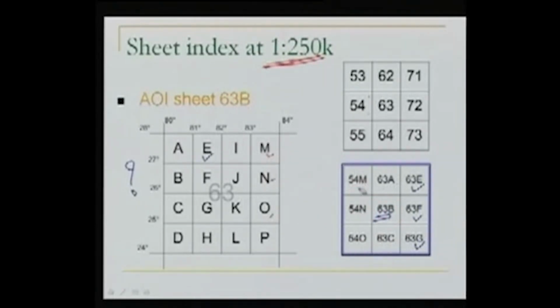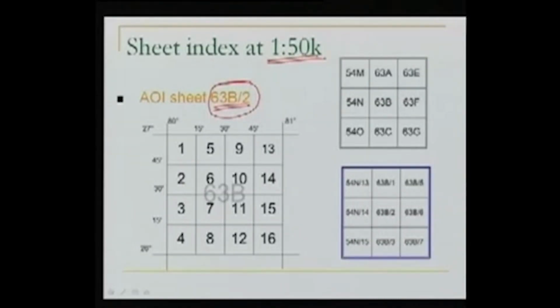Our 63B is the block here. Now this block, we know it is further divided in 16 parts, which are numbered 1 to 16. Alright, so this is what is happening here.